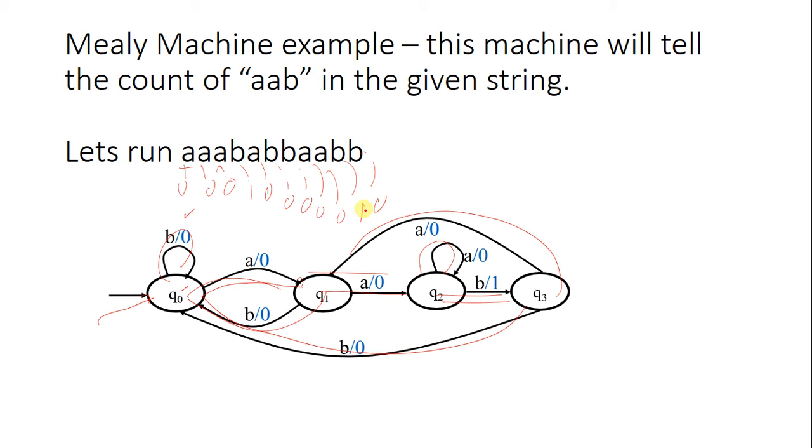So again here you can see we have two ones, so it means this string has two occurrences of this substring.